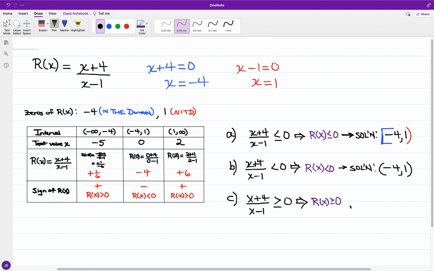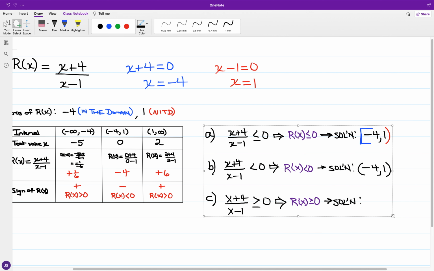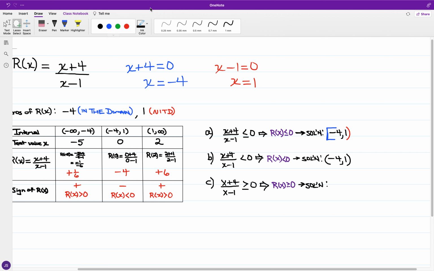And again, with the equal sign, there is a possibility of the bracket inclusion. So we have in the same direction as where r of x is greater than 0. So we're looking at the limit values, where we have between -infinity and -4, and also between 1 and infinity.